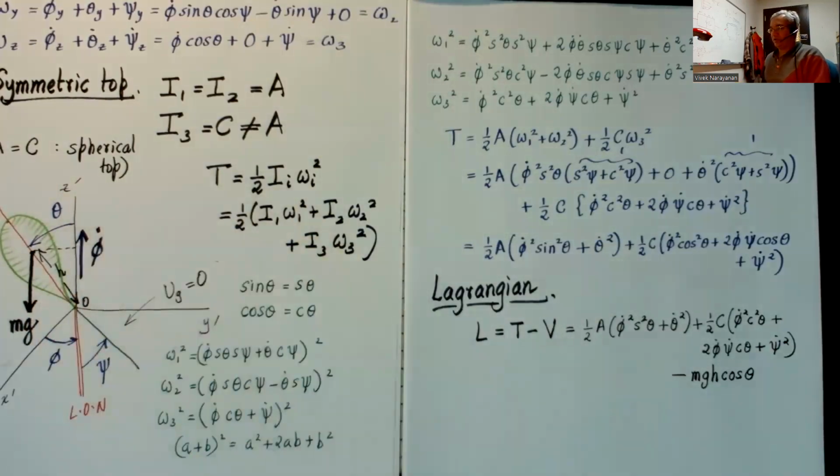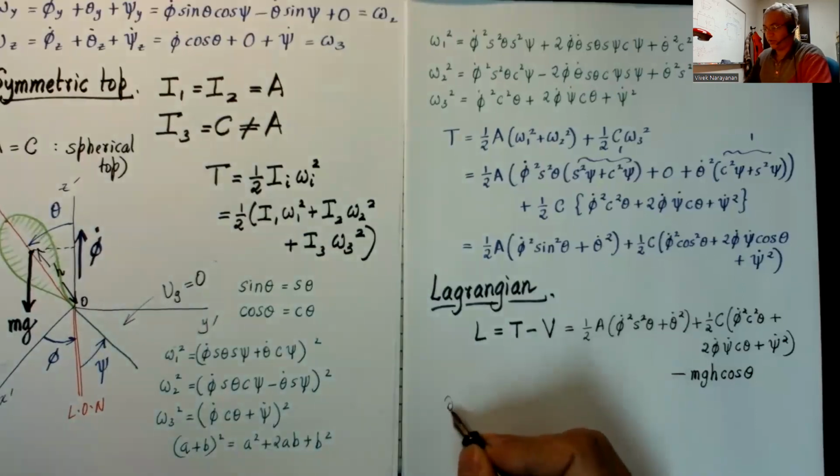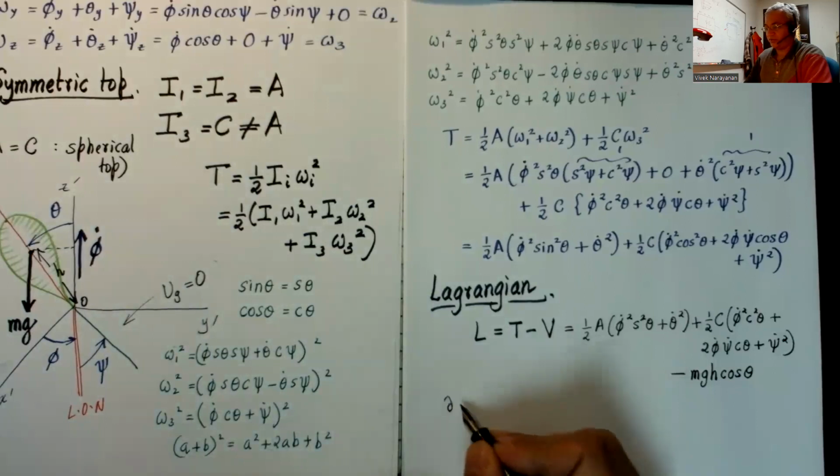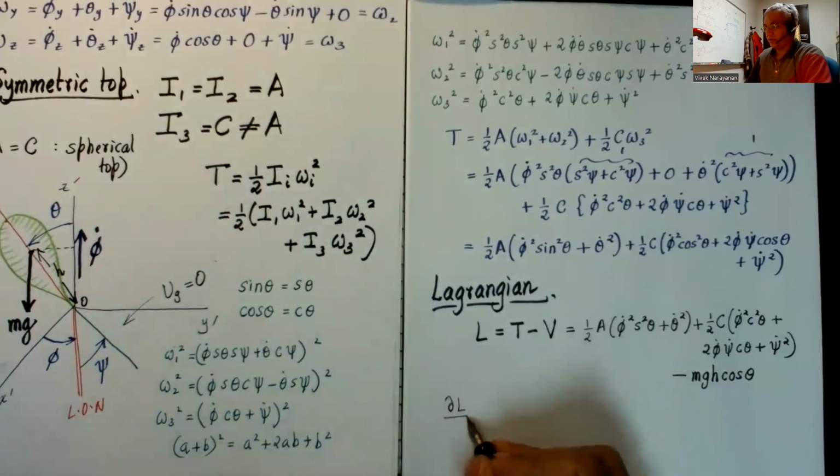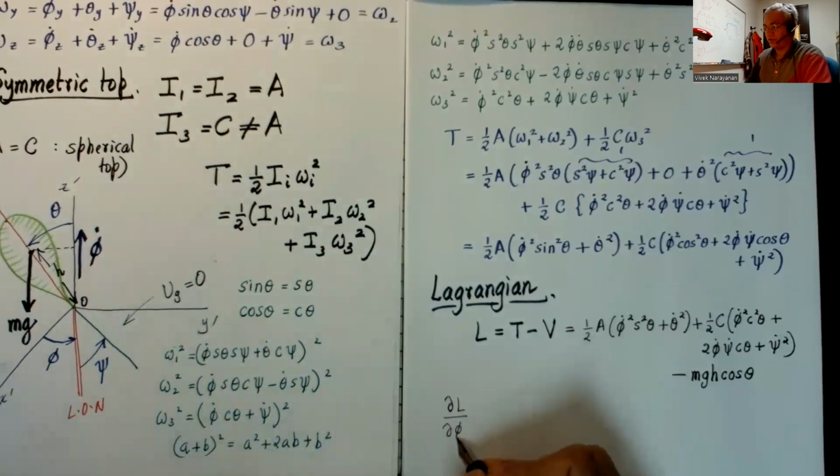So now we can do some Lagrangian analysis. The first obvious low-hanging fruit here is to ask what are the conserved quantities. So first of all, observe the cyclic coordinates. Cyclic coordinates are coordinates whose derivatives are 0. So the derivative of the Lagrangian with respect to the phi coordinate is 0.